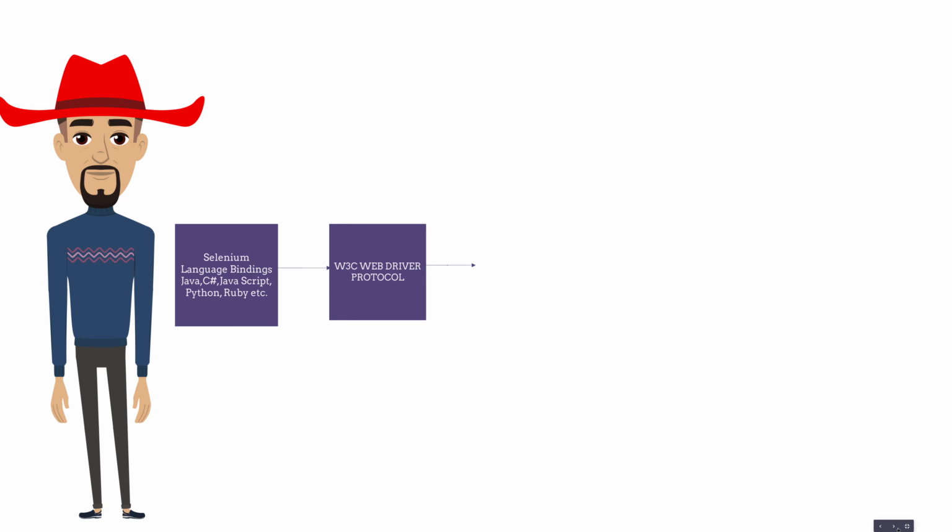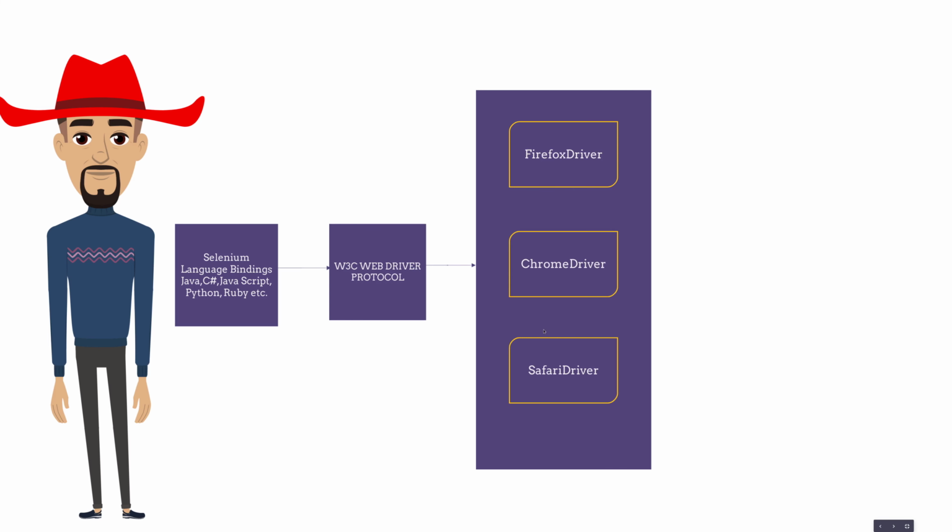The next component is the browser drivers. Selenium uses a specific driver for each browser to establish a secure connection between the real browser and the Selenium server. It has specific implementations for each and every browser, and Selenium supports all modern browsers for automation.